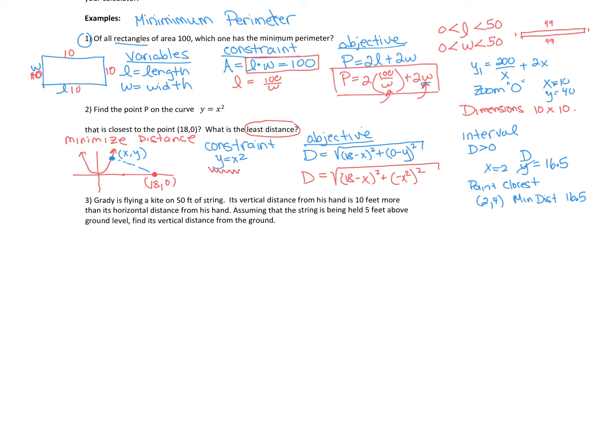So we definitely need a picture here. Here we have a person, and his hand is here, and he's flying a kite. Here's the horizontal. Grady is flying his kite on 50 feet of string.